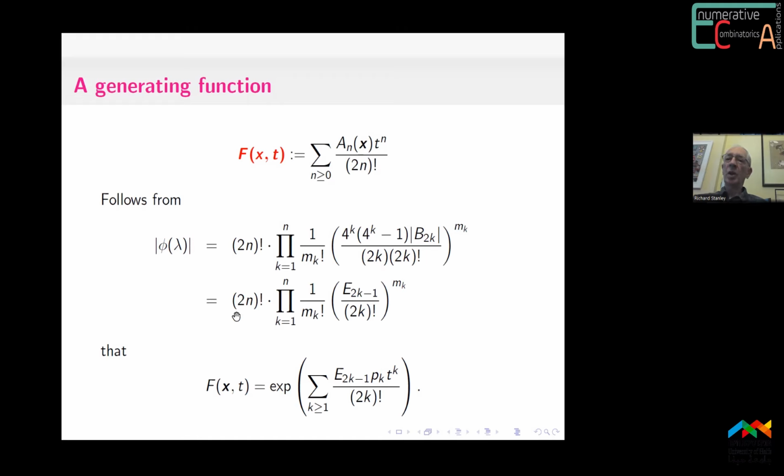Here's the expression in terms of Euler number, E_{2k-1}. It's just immediate from this formula that this generating function is the exponential of the sum of E_{2k-1} p_k t^k over (2k) factorial. If you expand this exponential, like using the exponential formula, you get exactly this product.